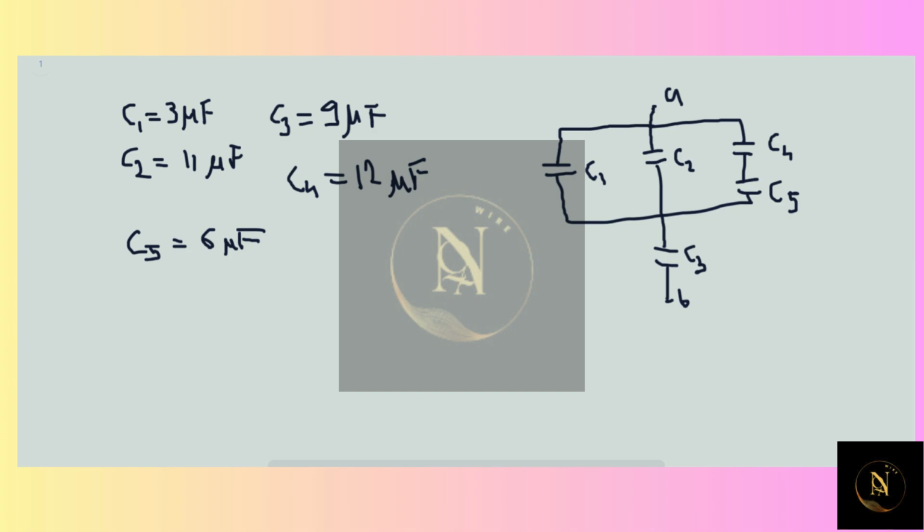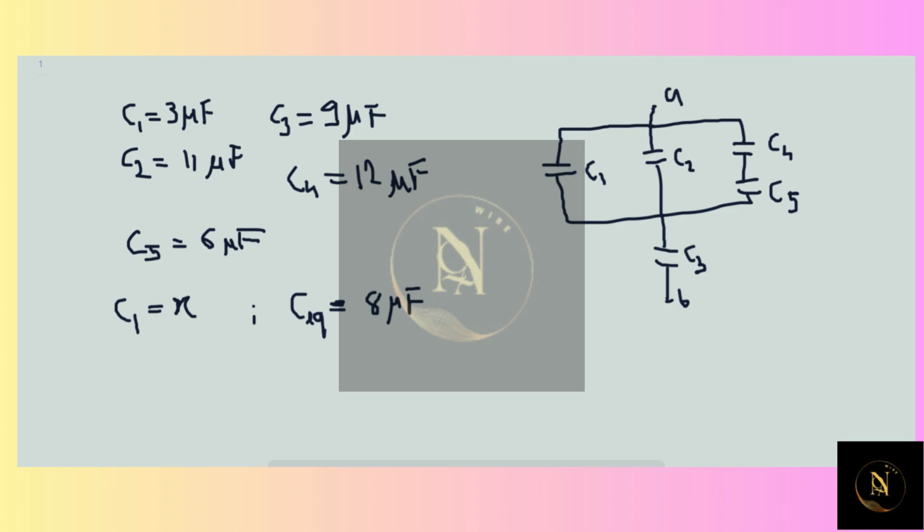So let's say the capacitor C1, which is 3 microfarad, is replaced with some unknown value, let's call this X, and we are provided that the equivalent capacitance between the points A and B comes out to be 8 microfarad.